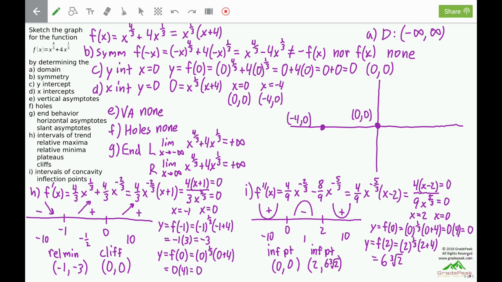So we'll put a relative minimum there. That's going to be somewhere in here. We'll label that -1, -3. And it'll have a relative minimum kind of shape to it. So something like so.